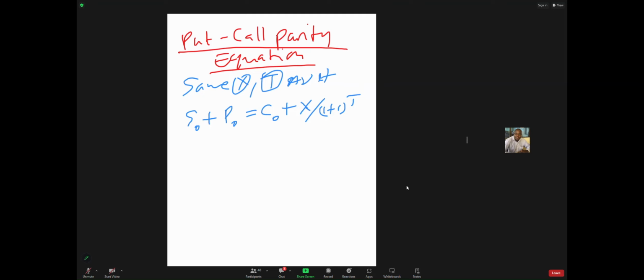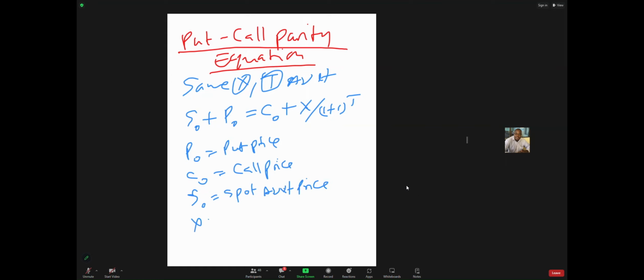Of course, PO is the put price, then CO is the call price, then SO is the spot price of the underlying asset.